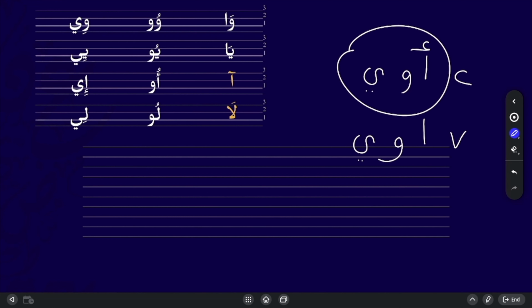And therefore, let's start with waw. This is wa, wu, wi, wun, etc. With long vowels, we also add the alif to obtain wa, wa. To obtain woo, we use the long vowel waw, and we use the ya.